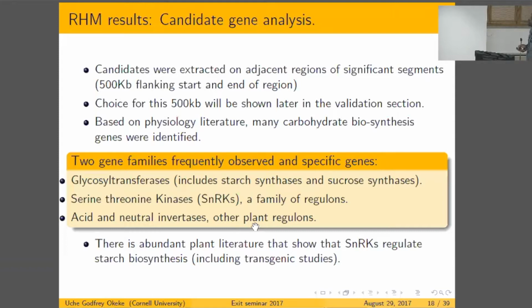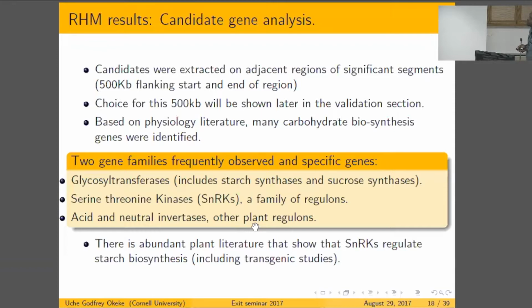And based on literature review, we were seeing 2 families coming up all the time. And this is glycosyl transferases, and digging in deeper into this is like carbohydrate enzymes, of which starch synthesis, sucrose synthesis, and so on and so forth are in there. And we see another family of serine kinases, and this family regulatory protein kinases.